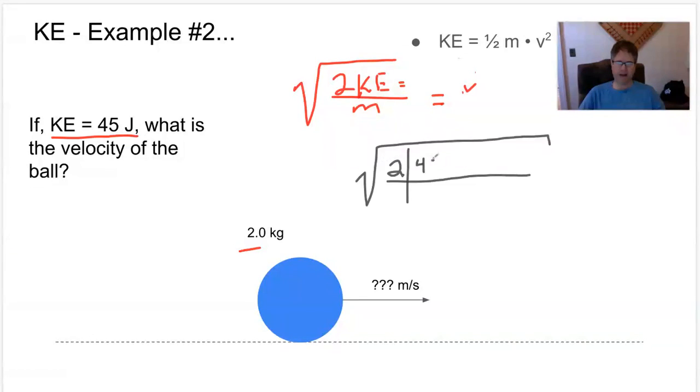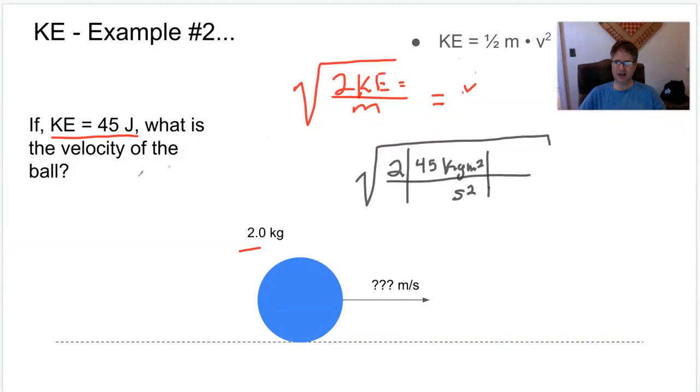So 45. Now I want to just show you so that you know how the units work out. I forgot my kilograms. So 45 kilogram meter squared per second squared, divided by mass.